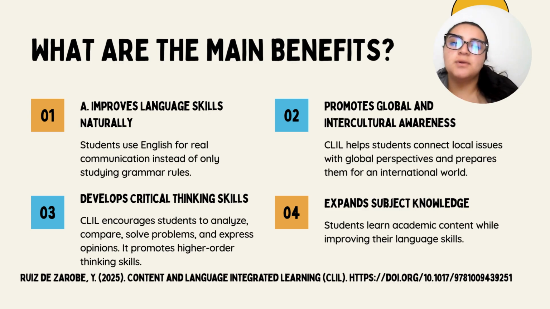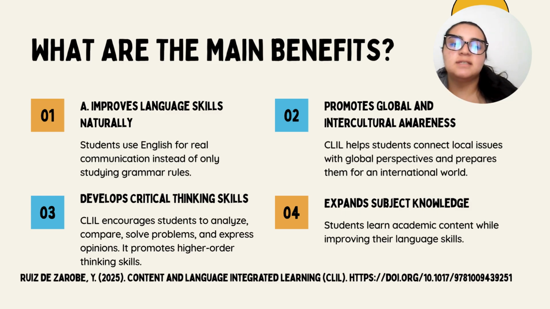In this slide, you can see that there are many benefits. Four benefits. The first, improves language skills naturally. The second, promotes global and intercultural awareness. Three, develops critical thinking skills. And four, expands subject knowledge. In the first, students use English for real communication instead of only studying grammar rules.